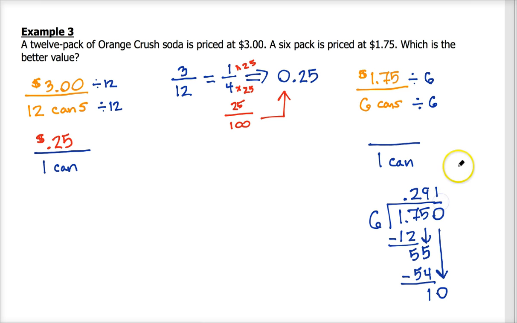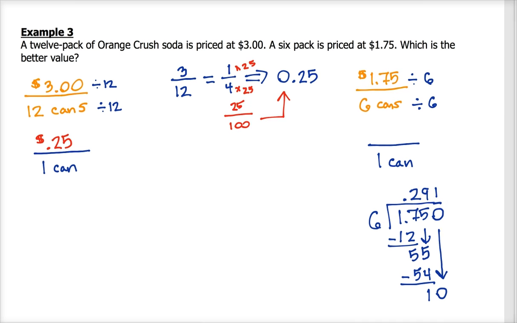And I can stop because we always round money problems to the nearest 100th place. So I'm going to look at this 9 here. I'm going to look to the right. And because this is a 1, I'm going to keep my 9 as a 9. So that tells me that 1 can of Orange Crush soda in the 6-packs is 29 cents. It's 29 cents per can here for the 6-packs if we round this correctly.